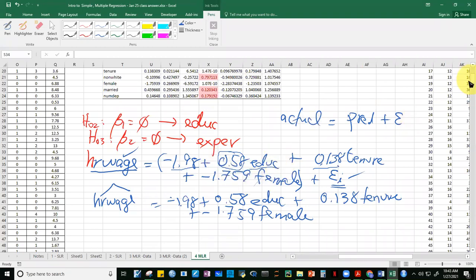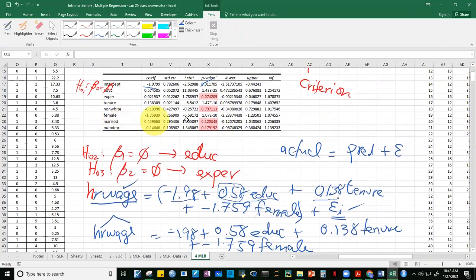Okay, kunyari ito. Kunyari guys, itong married. Assuming na significant siya. Hindi kasi siya significant, ano? Ang ibig sabihin nito, if this was significant, on the average, married employees receive $0.459 more, guys, more, in terms of our hourly wage compared to their single counterparts.